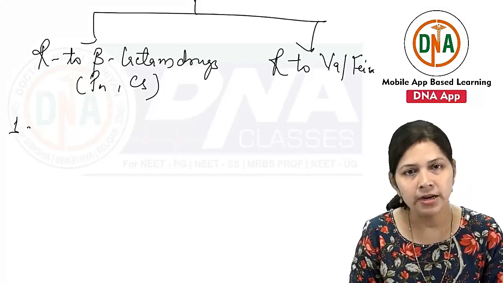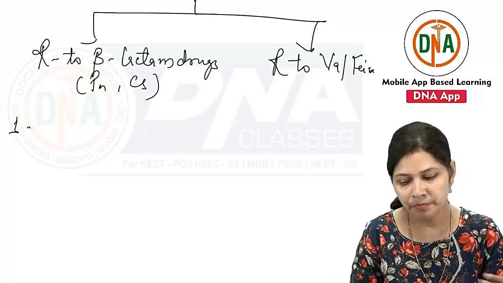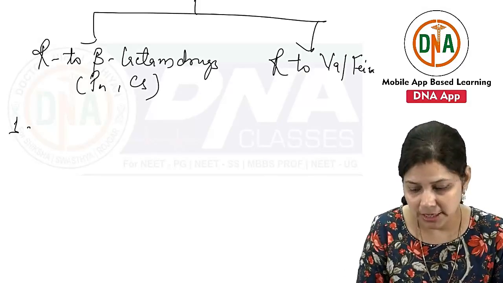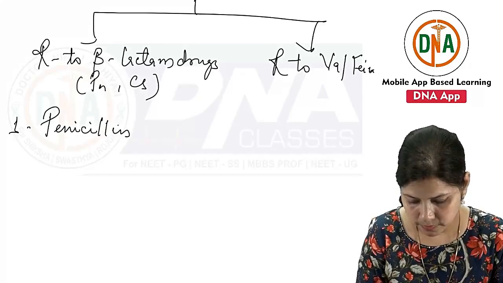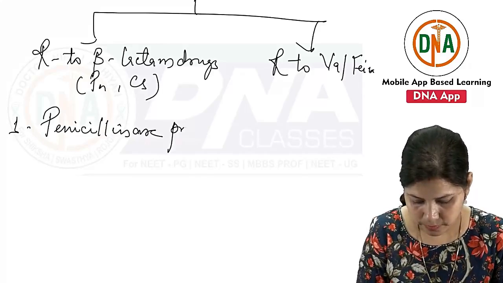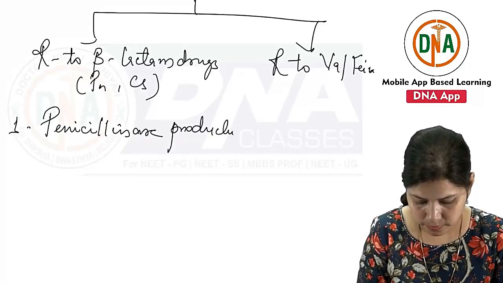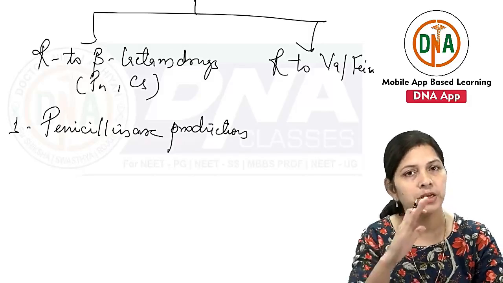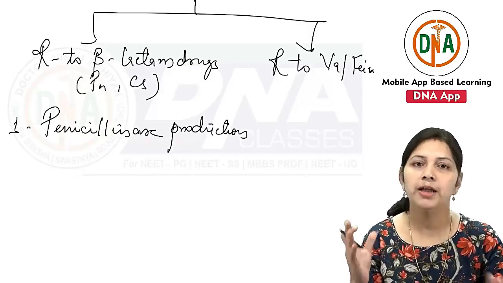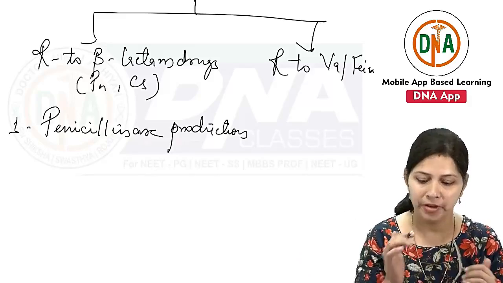Okay, so first we will see the resistance to the beta lactam drugs. As I told you, first it may be because of the production of a beta lactamase, that is penicillinase production. It is a classical example of beta lactamase, which breaks the beta lactam ring and makes the drug ineffective.